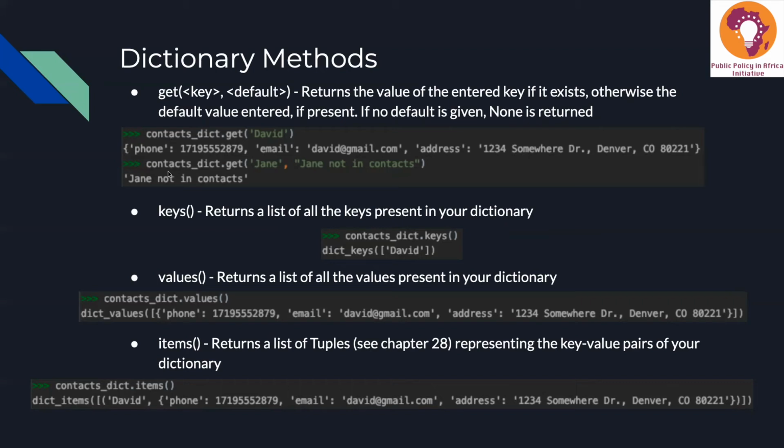But now, say I want to get the contact information for Jane. But if Jane doesn't exist, I don't want it to return None. I want it to return Jane is not in contacts. Since my contacts dict didn't contain a key for Jane, when I call contacts dict dot get, Jane, comma, Jane not in contacts, Jane not in contacts is what's returned.